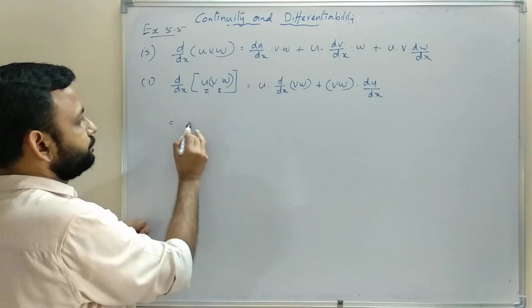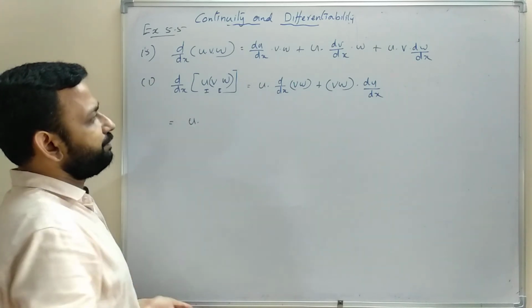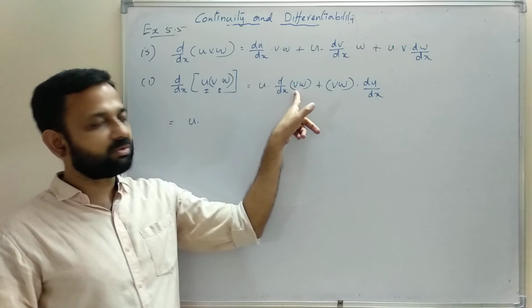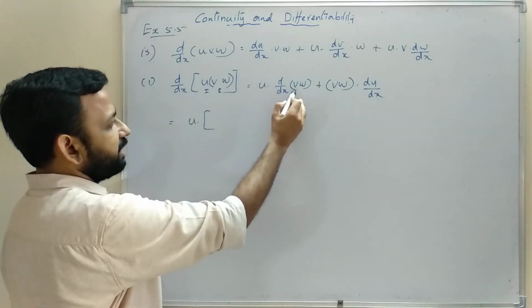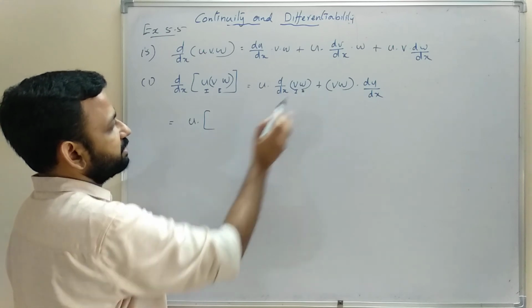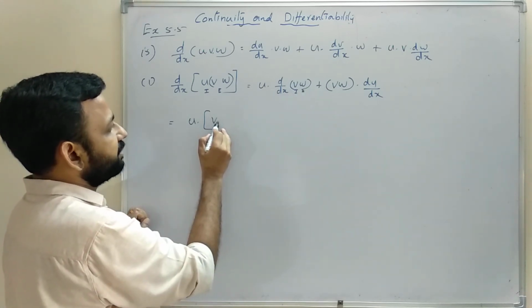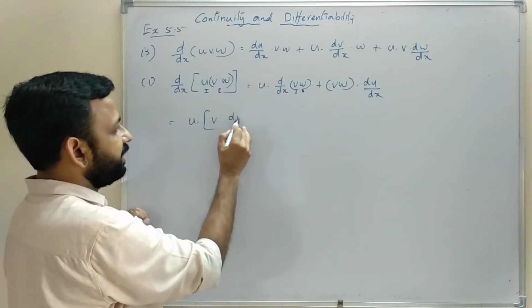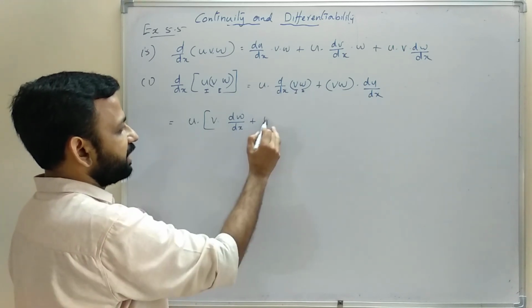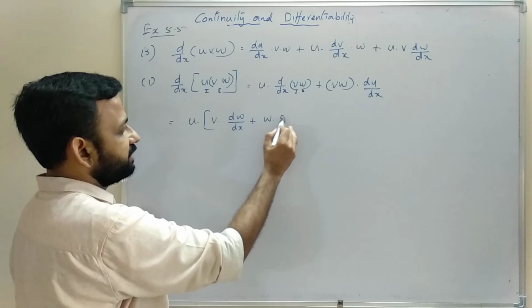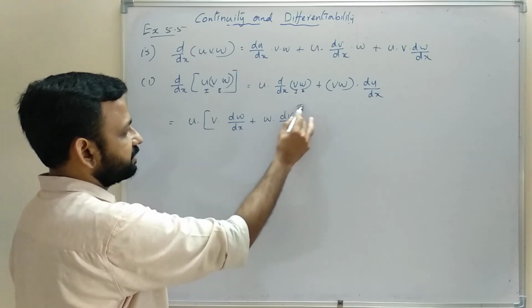That is u into, now we can apply product rule here. This is first function, this is second function. So first function into derivative of second, that is dw by dx, plus second function w into derivative of v, that is dv by dx.